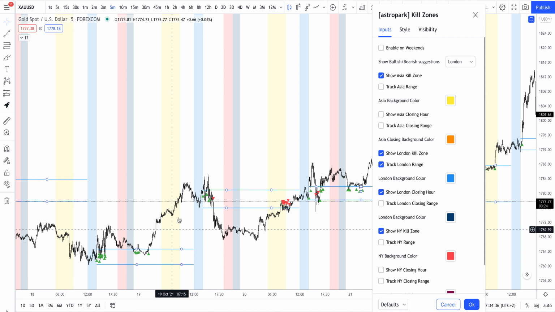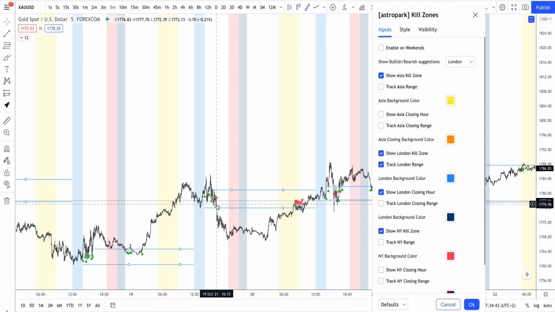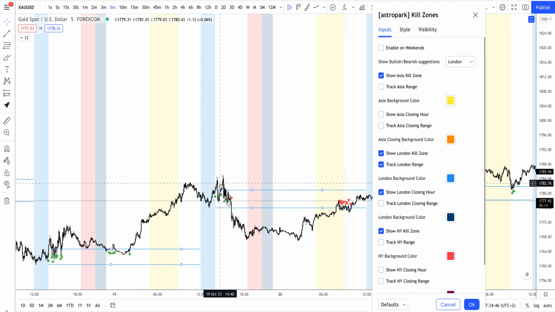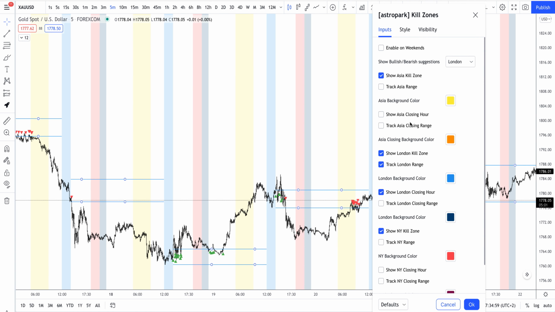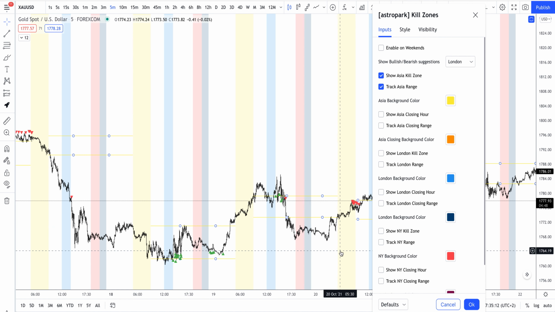Then here somehow they stopped it, and the indicator at first suggests to go long because you have a breakout of the London range, but also to short when this is lost. This can be done for every kill zone.